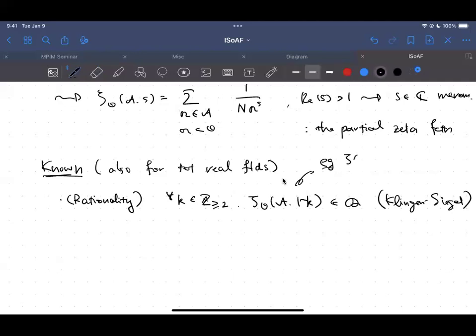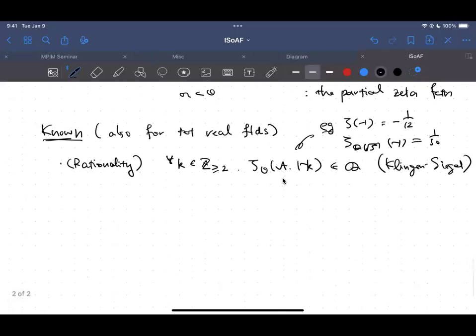For example, the value of the Riemann zeta function at -1 is 1/12, or the value of the Dedekind zeta function of Q(√5) at -1 is 1/30, and so on.